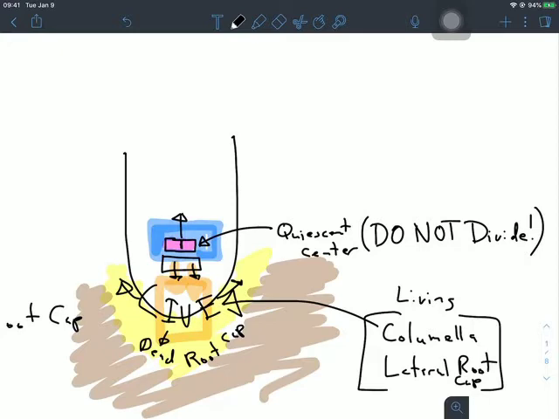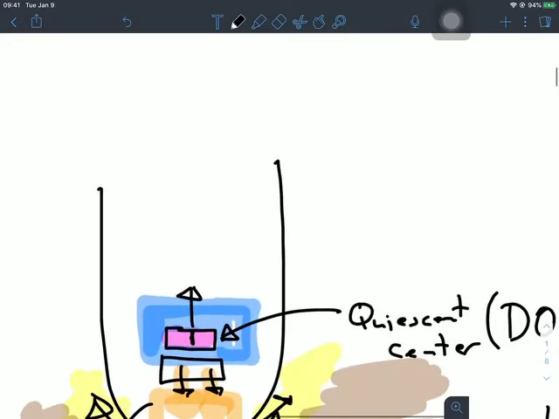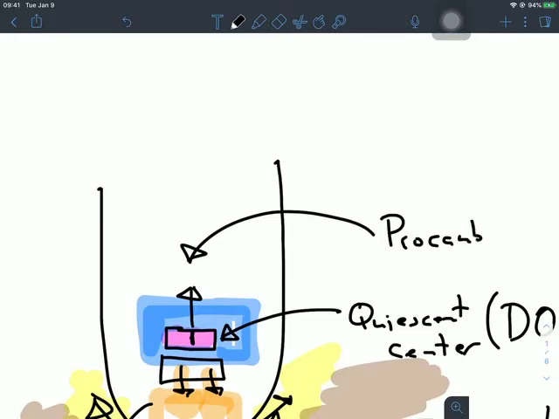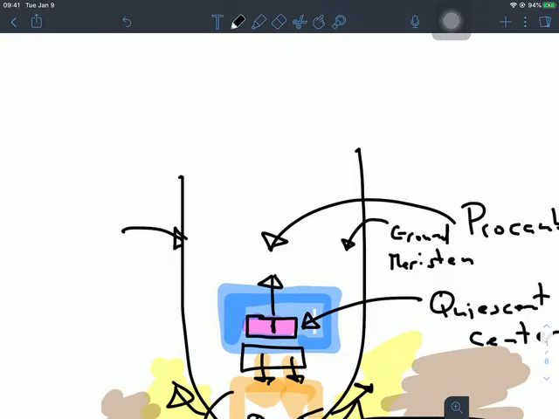Behind your quiescent center, you will get your regions of elongation and your region of maturation. The cells behind that quiescent center are therefore procambium, early vascular tissue in the middle, or your ground meristem. Or if you're on the skin side of things, in the region of elongation, we have our protoderm.